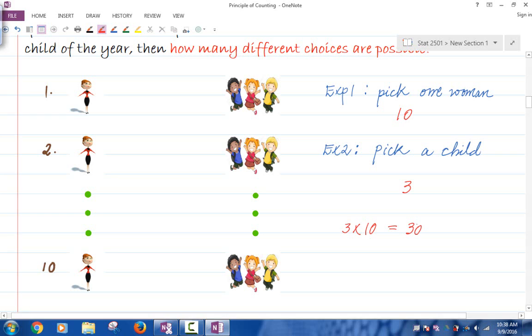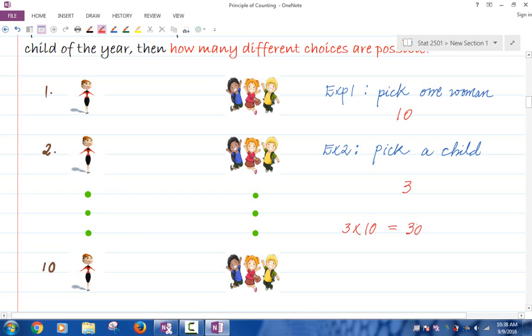Is everybody okay? If you visualize, you have 30 outcomes in terms of pairs of mother and child, right? For each family, I have 3 possible pairs.